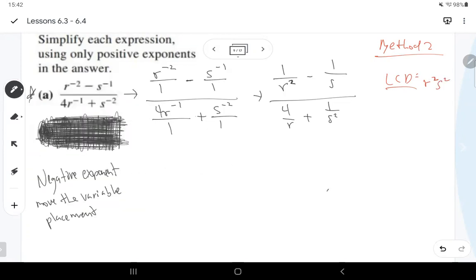Each piece will get multiplied by the LCD, and I'll distribute it.